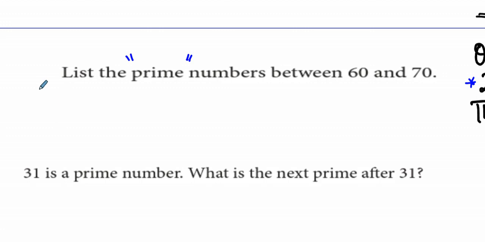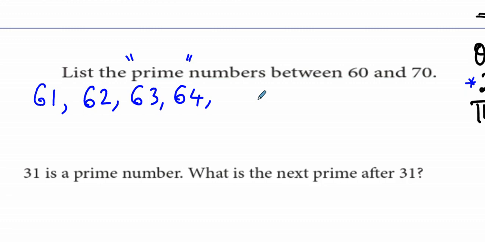Okay, so let us try 61, for example. Is this number between 60 and 70? Yes. 62, is it between 60 and 70? Yes. 63, yes. 64, yes. 65, yes. 66, yes. 67, yes. 68, yes.